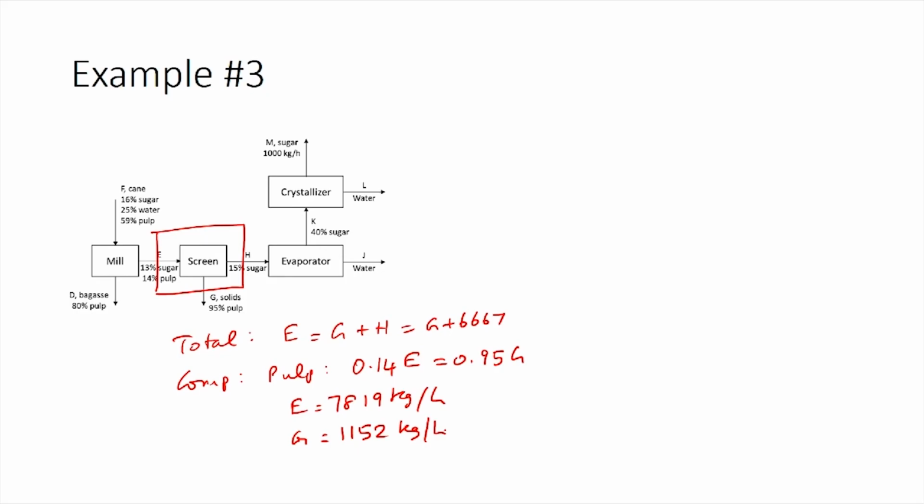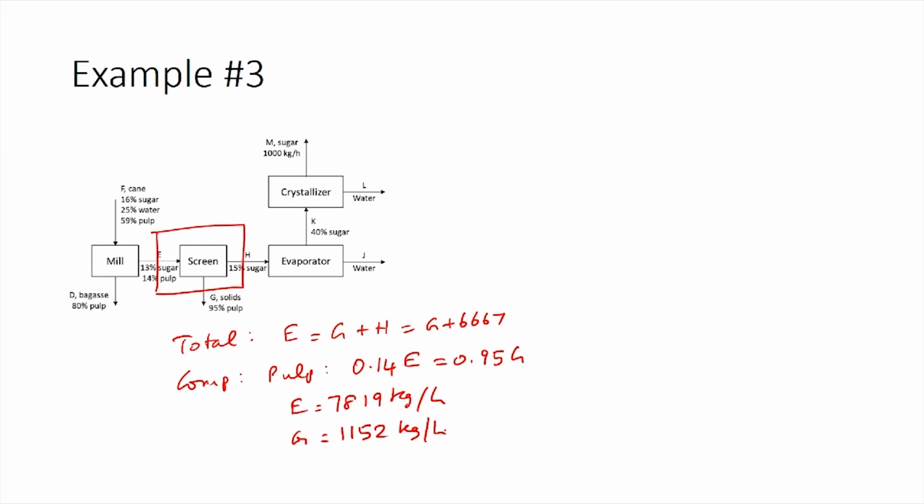You have 95% pulps, which means the other 5% has to be the liquid component which is accompanying the solids. This liquid component will not only contain the water, but also contain the dissolved component which is sugar. However, we do not know the composition of water and sugar in this mixture. We know that those two add up to 5%.